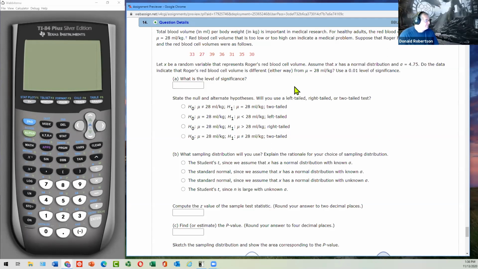And so right off the bat, we have to do something in this question we didn't need to do in any of the others. And that is, we have to find X bar, because they never told us it. And I can do that. And it's small enough for me just to do it as a calculation. So just do a bracket and add up, because there's not that many of them.